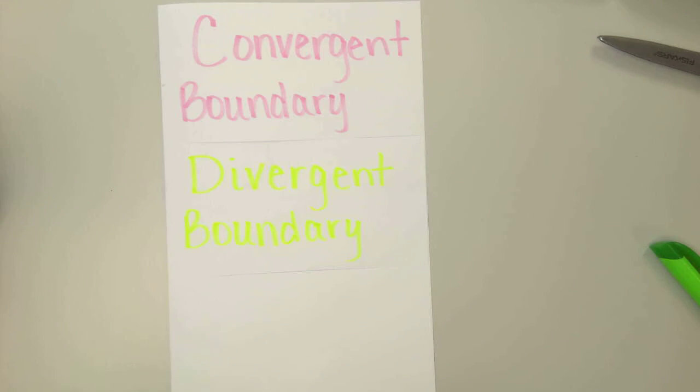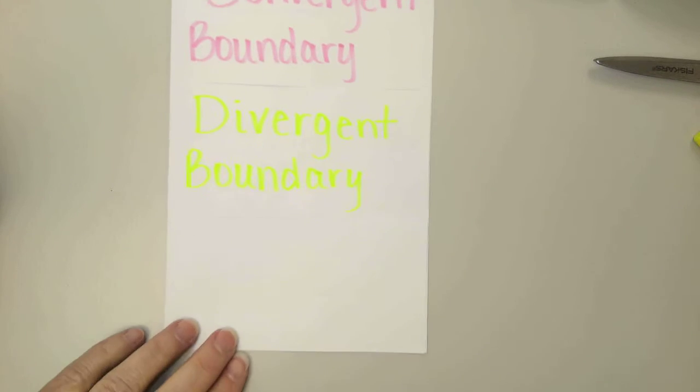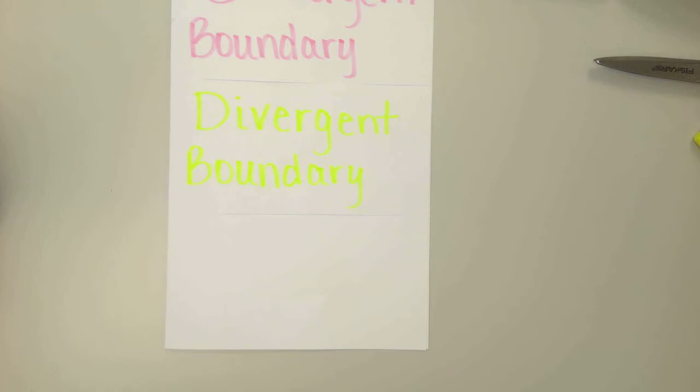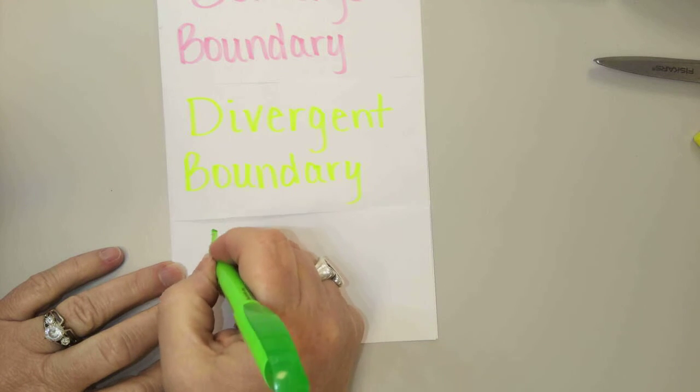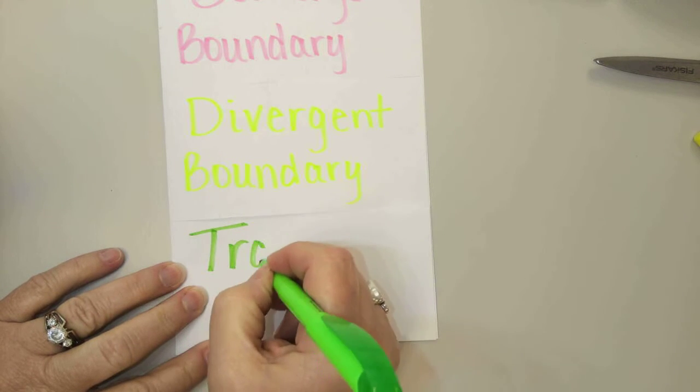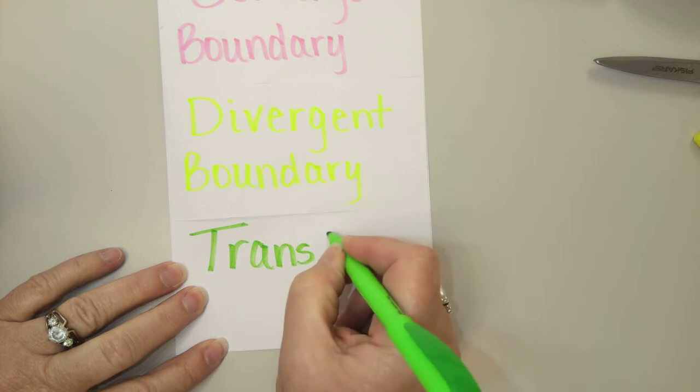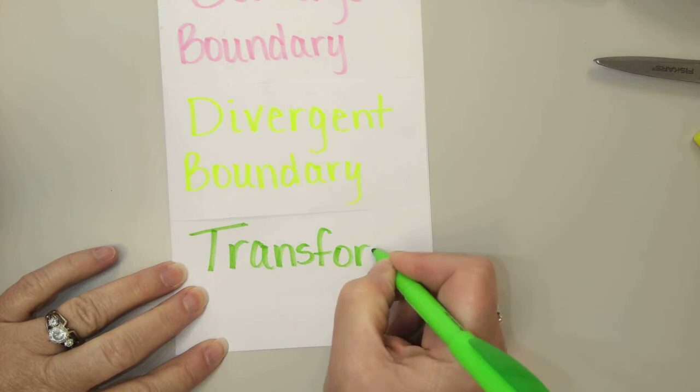Okay. And the last one, the bottom one, is going to be in green, and that's what we call a transform boundary.